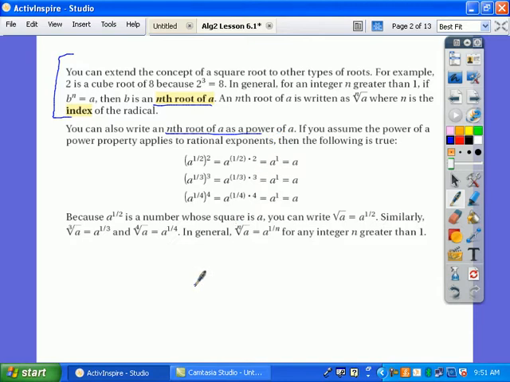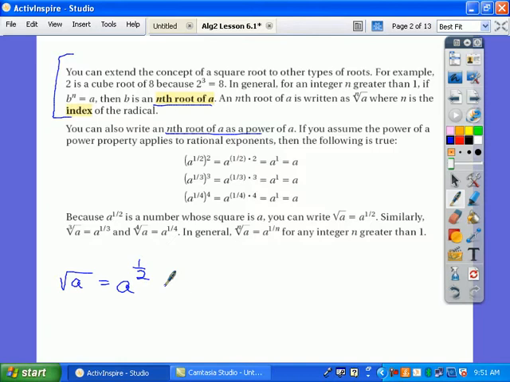The next idea is that I can write a root as a fractional power. So we can write roots as fractional powers. For instance, if I have the square root of A, notice we don't write the 2 here, then we can also write that as A to the 1/2 power. Those two statements are equivalent. Namely, if I take the square root of A, it's the same as A to the 1/2 power.